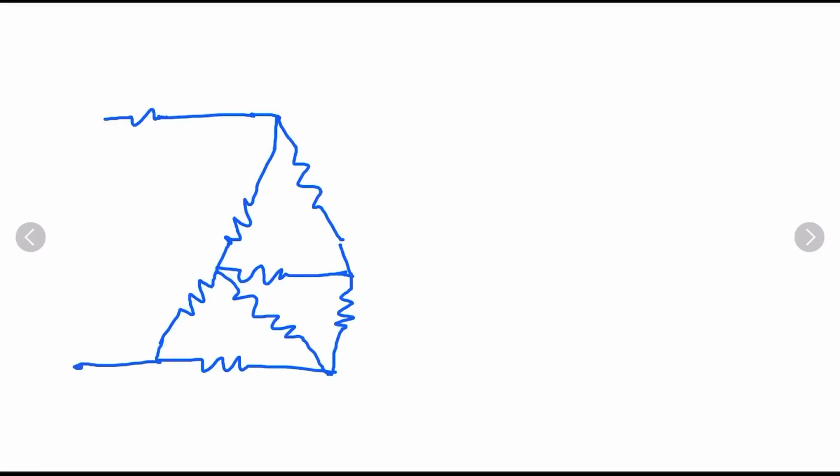We have removed that branch. 1, 4, 4, 4, and this combination after doing that calculation will be again 4, 4, 4, 4. So after reducing those branches, we have finally got this circuit. Now in this circuit we can easily identify that we are having one delta, this is again one delta, and this is again one delta.